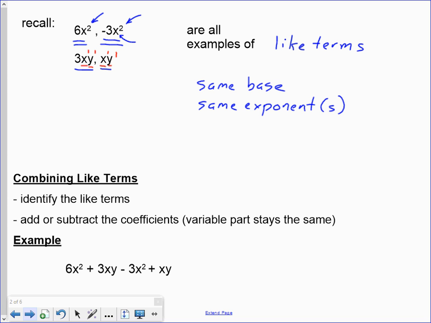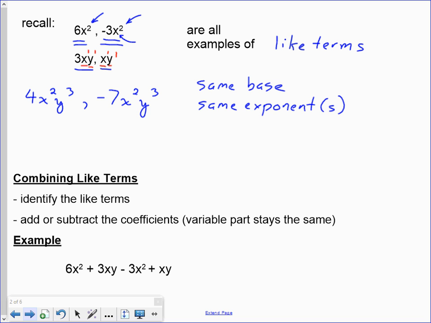Those are like terms. And we could think of other examples of things that were like terms. So we could have something like 4x squared y cubed and negative 7 x squared y cubed. As long as we have those same letters in there and the same exponents on those letters, those are going to be like terms.